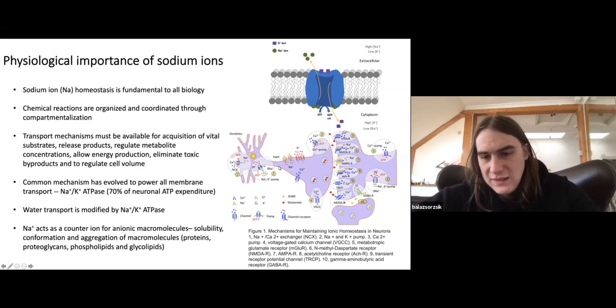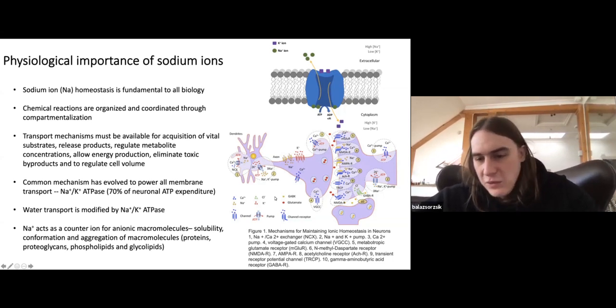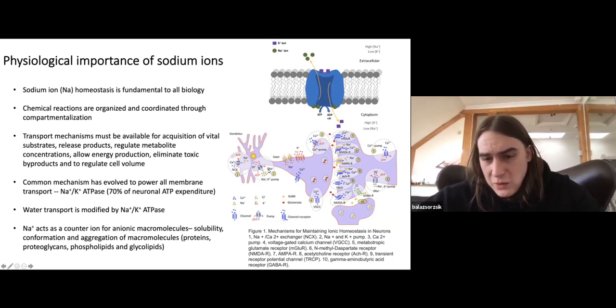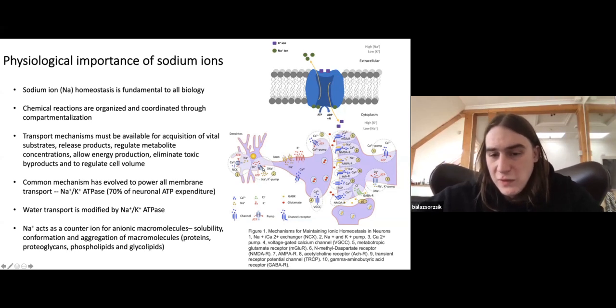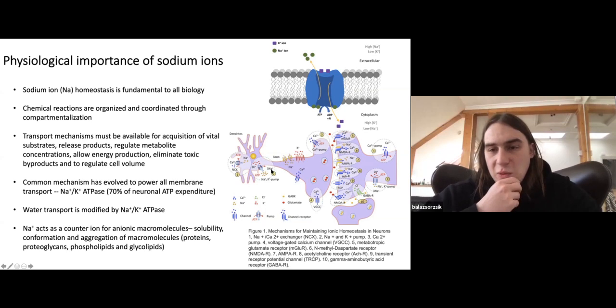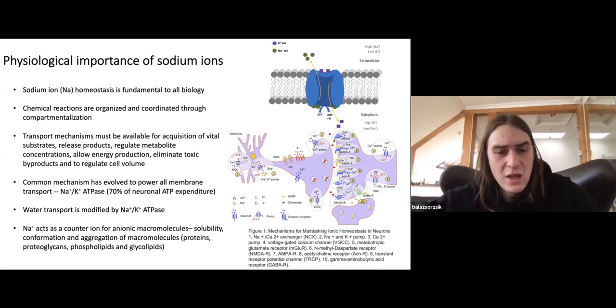And here we can see basically a summary of ionic homeostasis, and we see that the sodium-potassium pump is sort of a key. It doesn't just set the sodium-potassium concentrations, but also indirectly affects other processes such as calcium homeostasis.